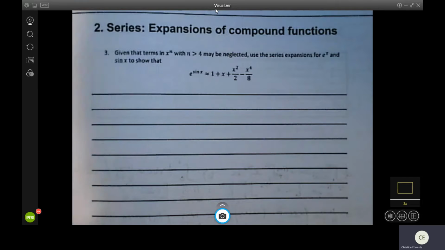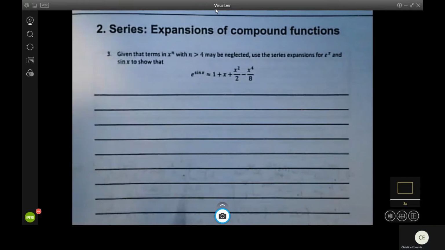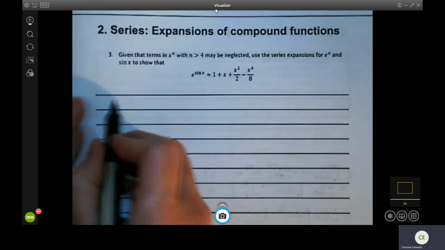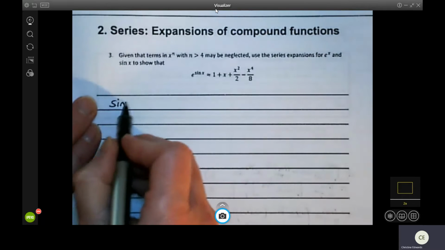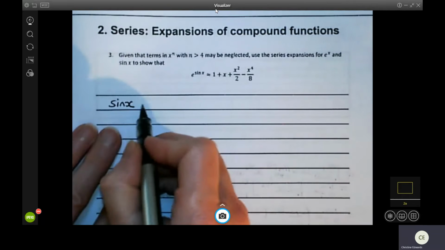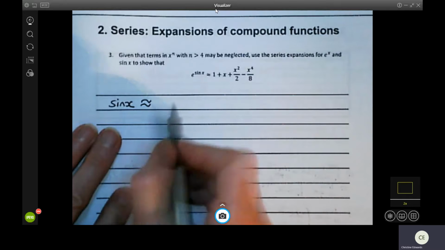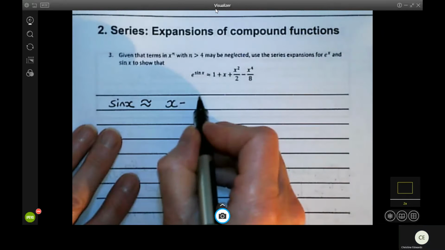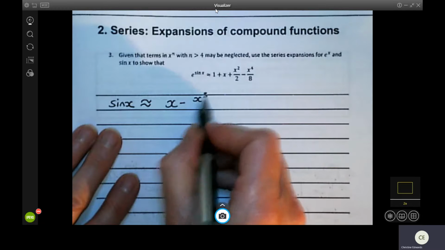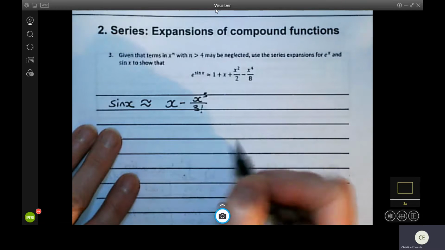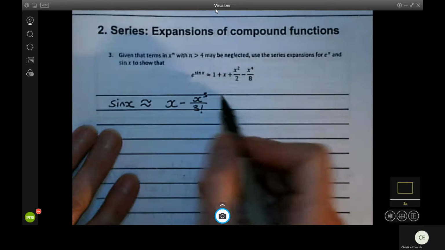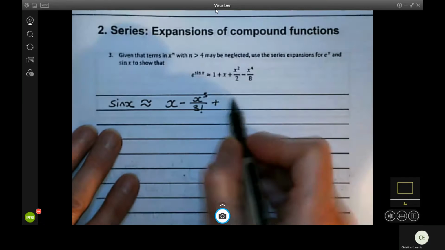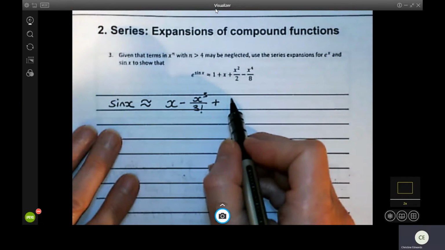So that shortens the work considerably. I need the expansion of sine x. From the formula book, that's x minus x cubed over 3 factorial. And the next term will be x to the 5.